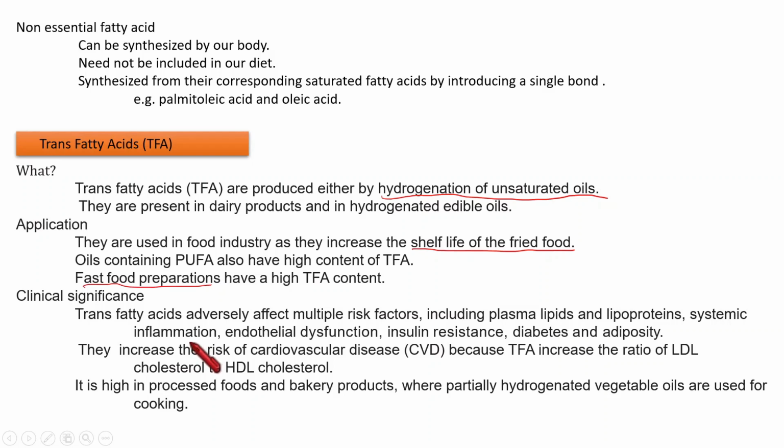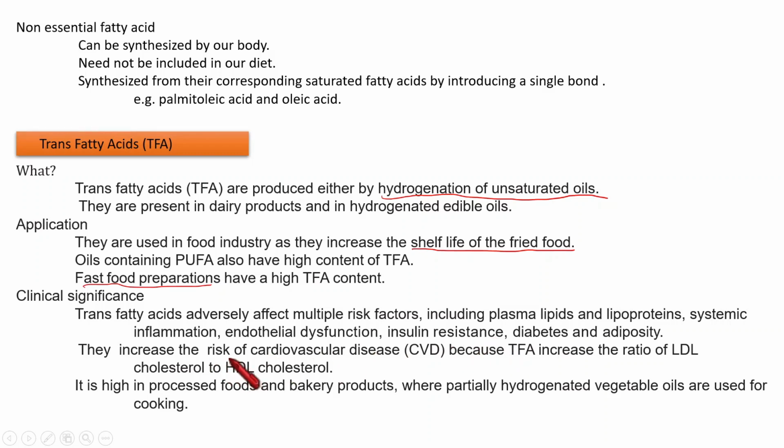As a result, the level of cytokines and chemokines increases, and this stimulates an inflammatory reaction throughout our body. That is called systemic inflammation. If our body contains too much TFA, it may also result in endothelial dysfunction and insulin resistance. All these are conditions that may result from the presence of trans fatty acids in our body.